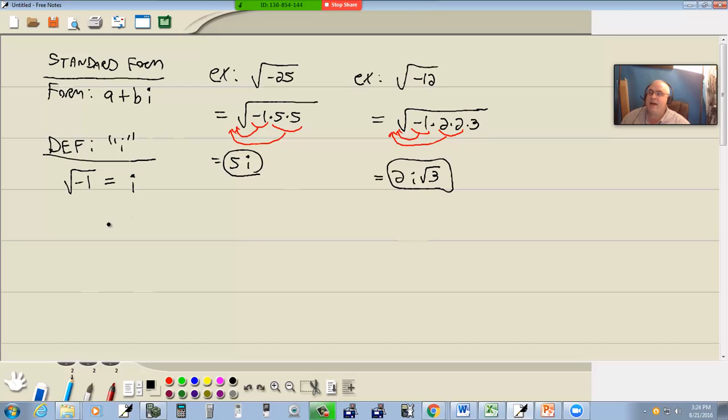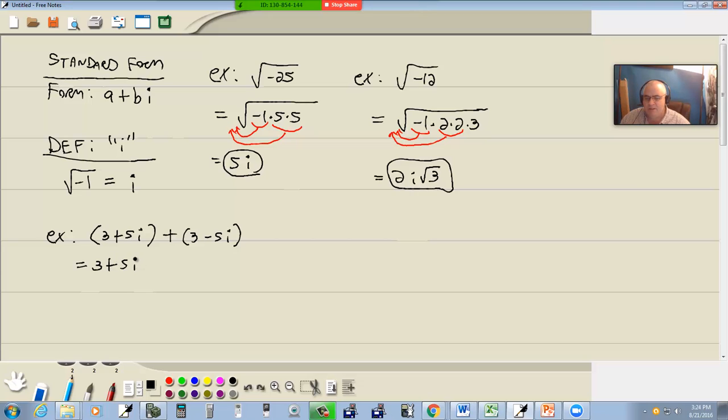Now when you're working with i's, you really want to treat them pretty much like variables. We'll talk about, in some cases, you have to rewrite it in the standard form and how we handle that. But let's take a look at adding 2 complex numbers. Now here, I got 2 sets of parentheses, and these parentheses really aren't doing anything, so I can drop them.